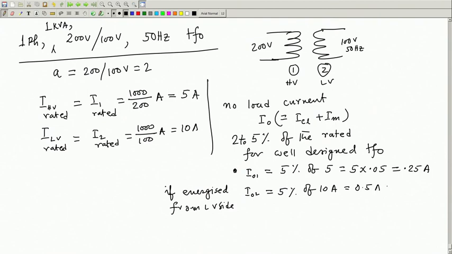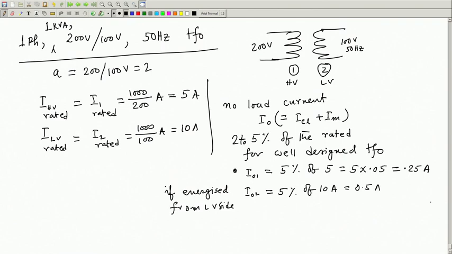Anyway, the exact value I do not know. What I am telling is, given a transformer, you can guess what will be the order of the no load current. So, the no load current value is much smaller compared to the rated value, maybe of the order of 5% of the rated current. See, this transformer could be energized from the 100 volt side as well, that is why I call it the LV side. Okay. And your no load current can be estimated.